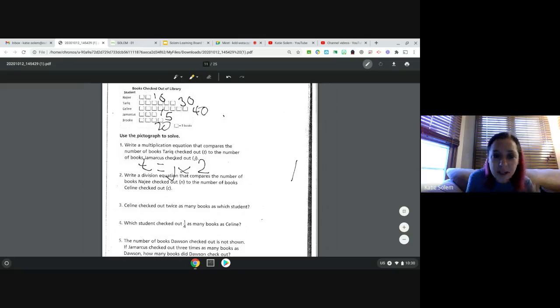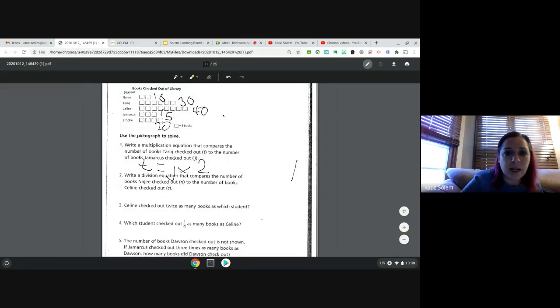Now we're going to write a division equation that compares the number of books Najee checked out to the number of books Celine checked out. So again, I see that Najee has 10 and Celine has 40.